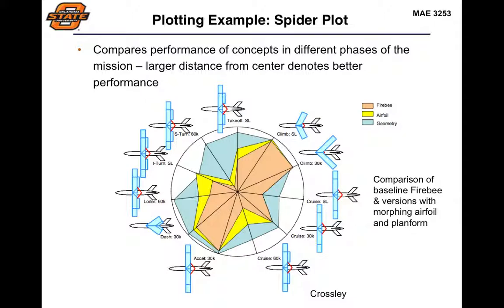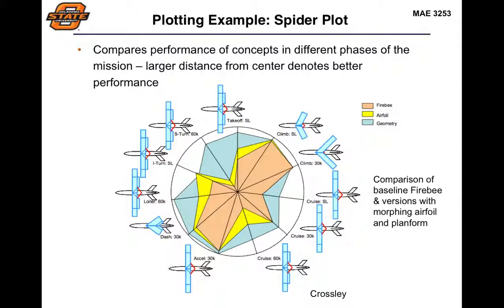So starting off with your takeoff and working around through all your different things that you have to be able to perform in a particular mission. So you can, in this case, compare quantitatively and in a graphical format the different aircraft that we're trying to examine and compare with one another.